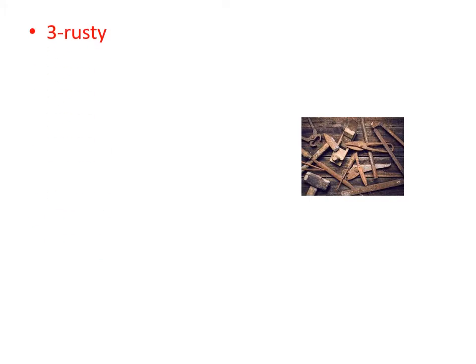Now our third word here is rusty. Who can guess what rusty means? Let's have a look at this picture and tell me, these tools, why do they look like that? They have this yellow brownish color, as if they are decayed. This metal is decayed, because it is rusty.